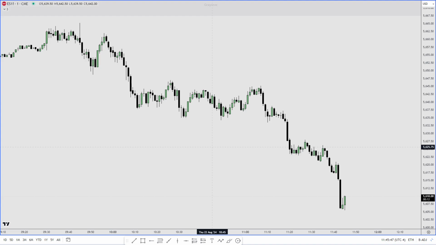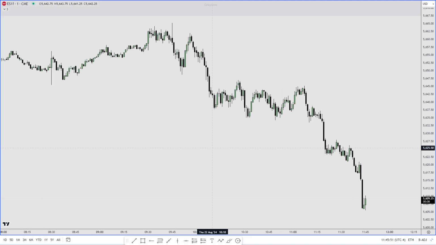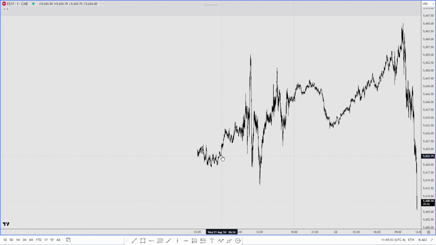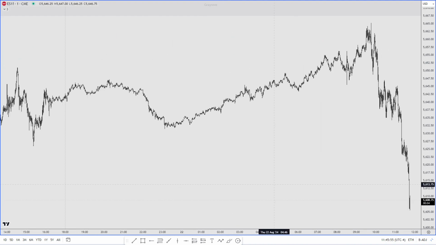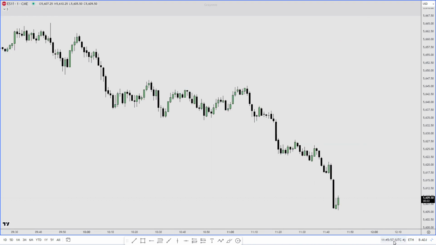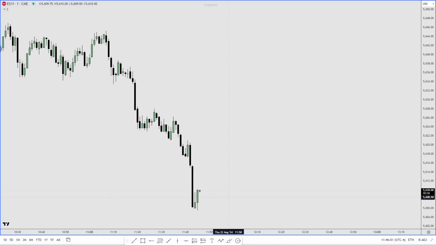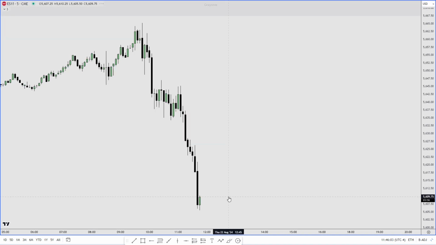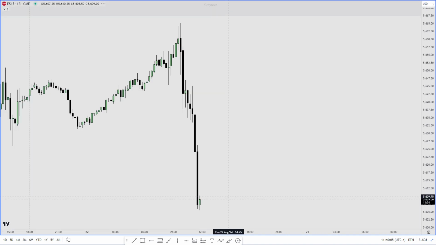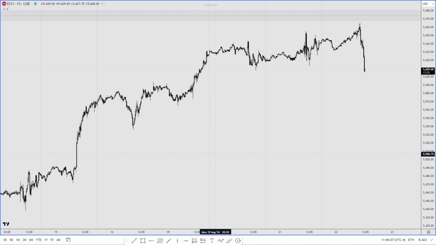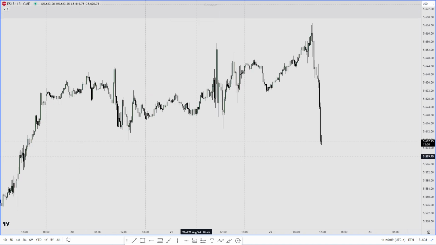Right, so we have taken out external liquidity. Let's see if we can reverse higher. It's going to be 11:50 soon, which means the macro is going to start spooling in a certain direction.